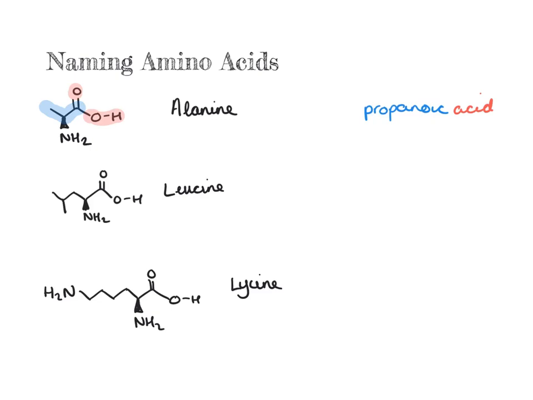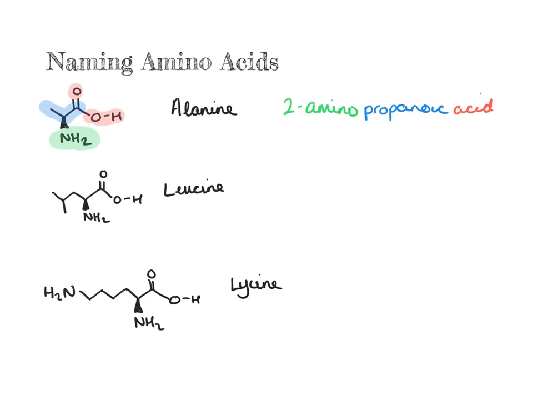So when an amine takes a prefix, we call it amino, and we need to say where that amine group is. So this is carbon 1, this is carbon 2, so this is a 2-amino group, and that's going to go on as a prefix. So you can see now the systematic name for alanine is 2-aminopropanoic acid, because you've got a propanoic acid chain with 3 carbons in it, and coming off carbon number 2, you've got an amino group, or an amine group.